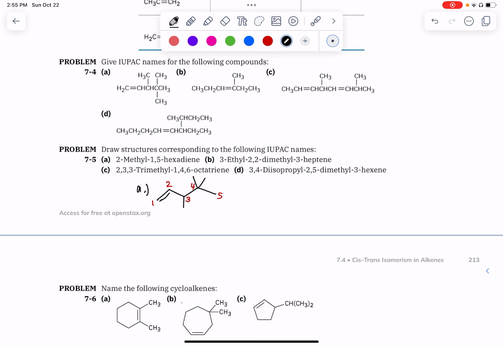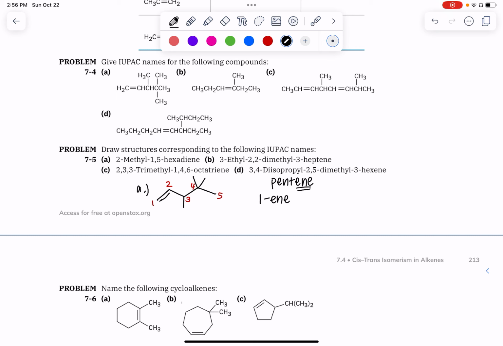All right, so we said 1, 2, 3, 4, 5 in our chain, so that'll be pentene. Remember, we've got that ene ending. We also have our ene, and we're going to give it the lower number, so we're going to give it the 1, so 1 ene. And this is just my list.